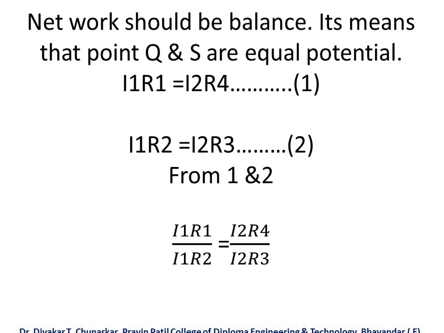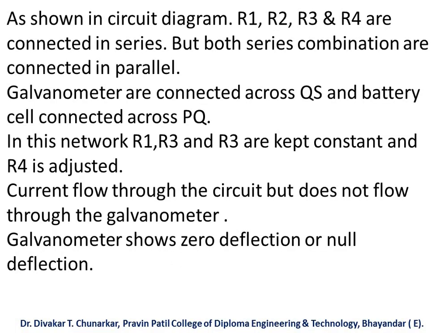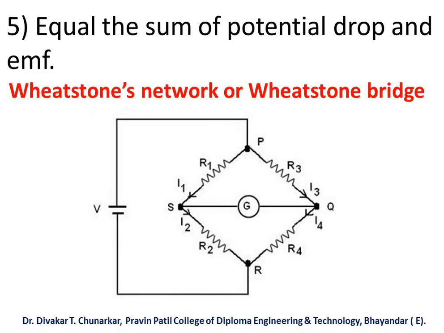Suppose R1 and R2 are in series and here R3 and R4 are a series combination, but these two series combinations are parallel to each other.